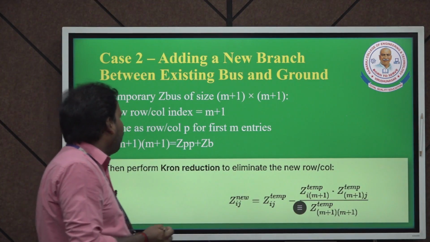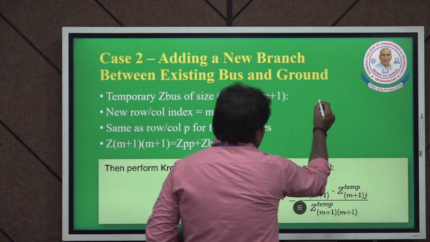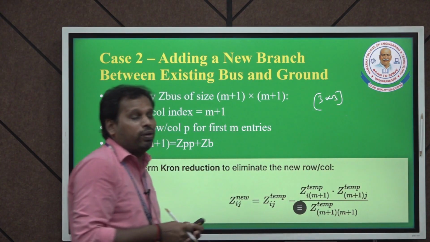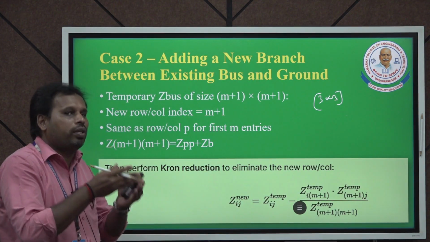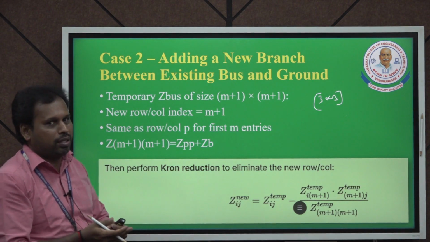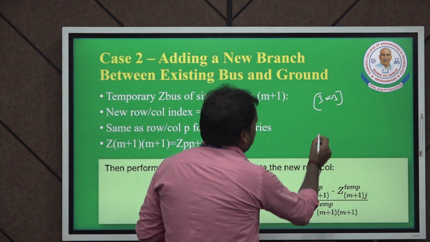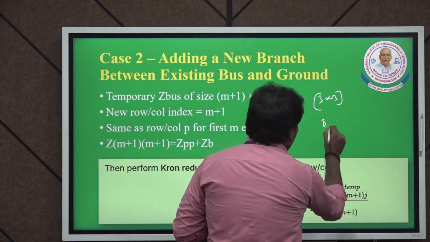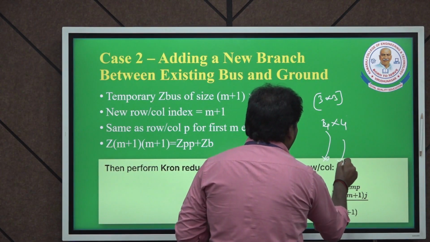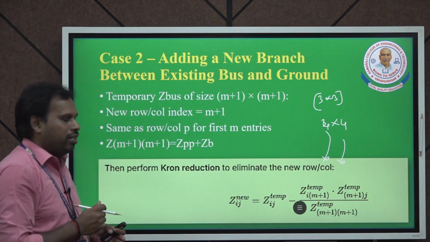Okay. So, first initially if the matrix is 3 cross 3, and I am going to include a branch from second bus to third bus with another impedance value, both being existing buses with a new branch, then the dimension goes to 4 cross 4. The fourth row and fourth column will be eliminated by the Kron reduction technique.